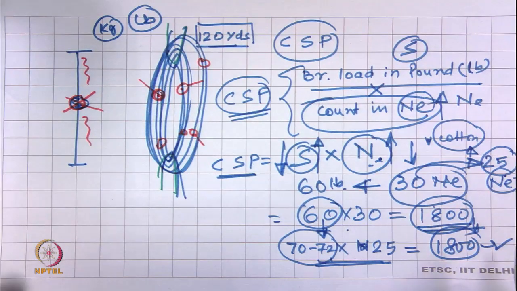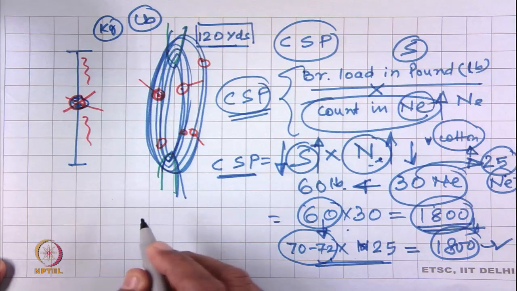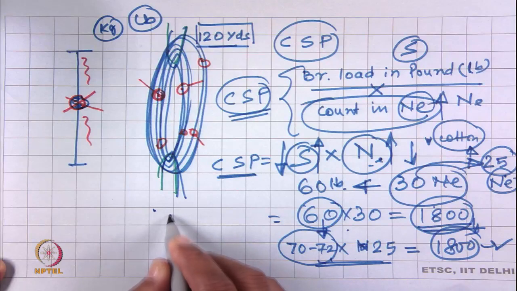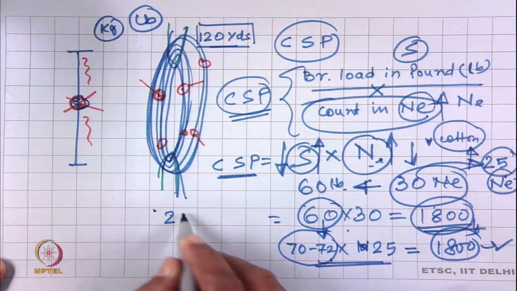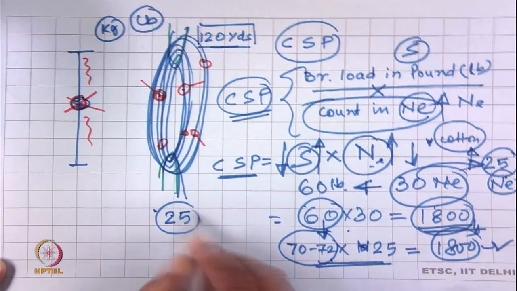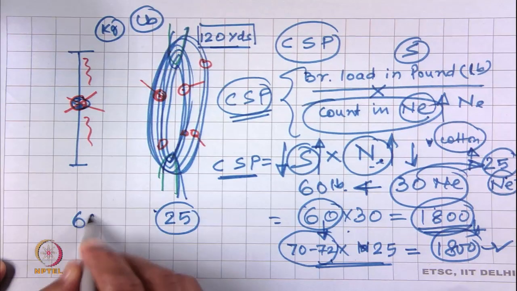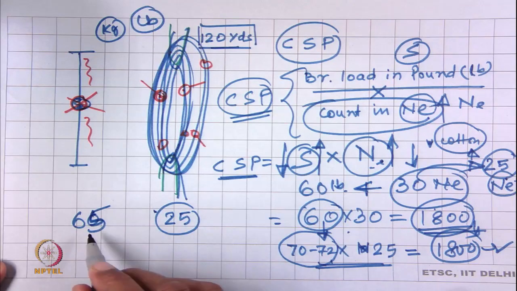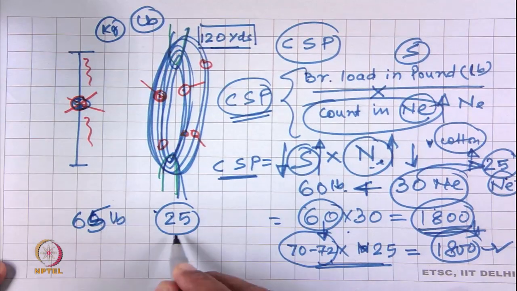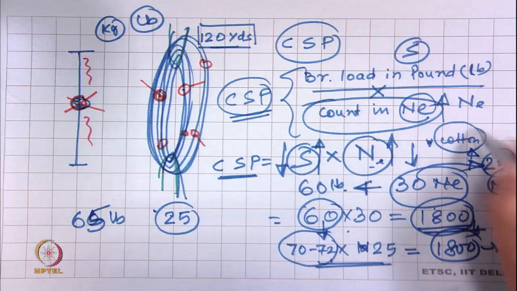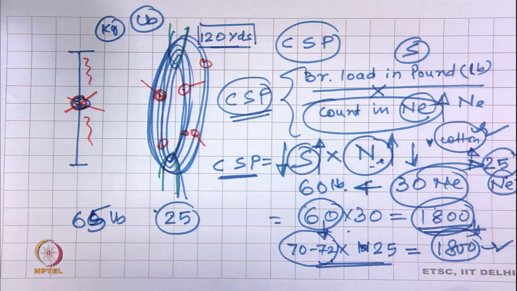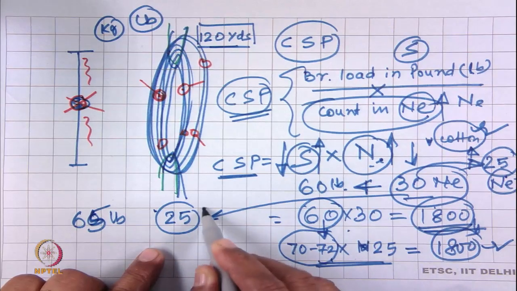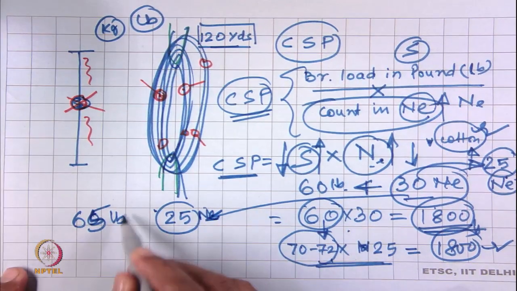Now, what will happen if we are producing 25 count and we are getting a value of say 60 or 65? So, 65 pound we are getting for 25 Ne, with the same cotton, instead of 30s count.